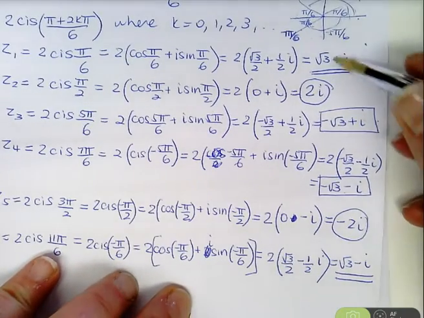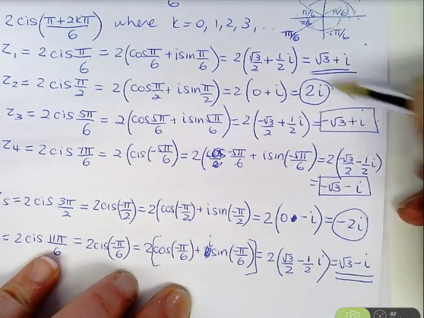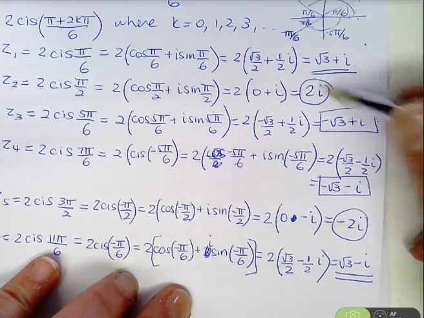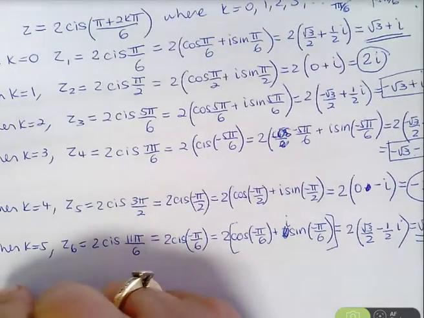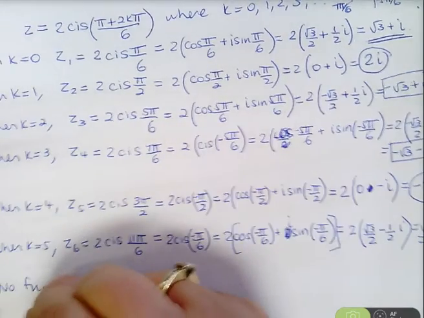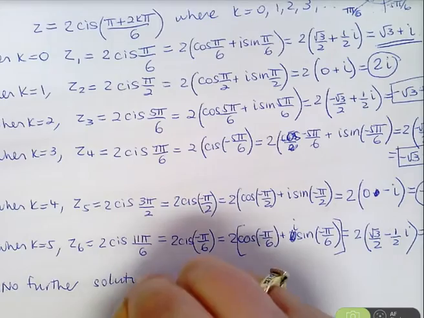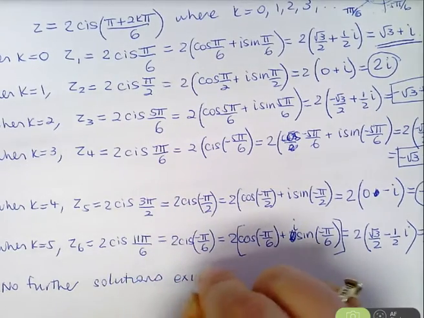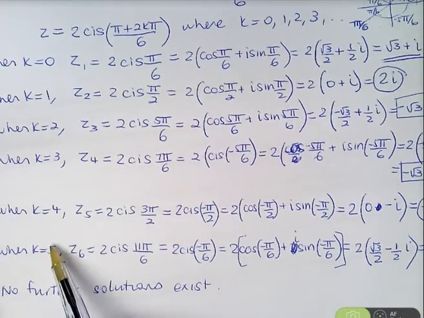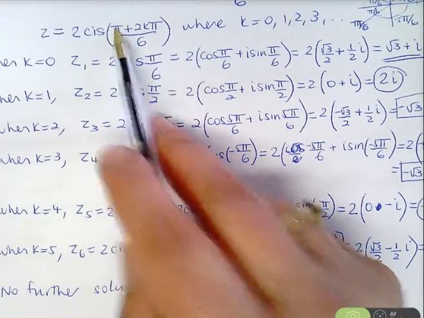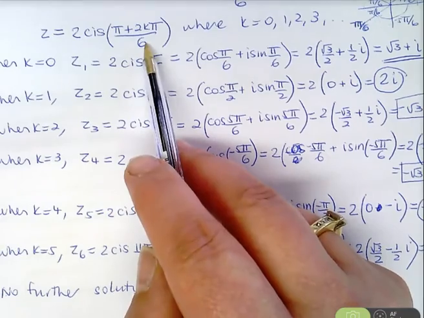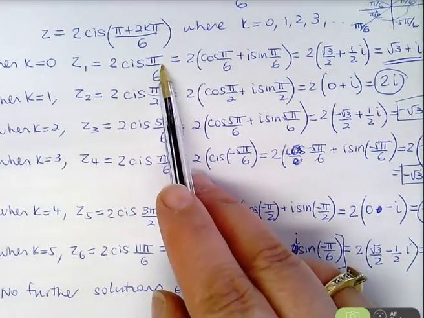Now, that's what we were predicting. So we've got 6 roots, and they occur in conjugate complex pairs. No further solutions will exist, because if I put k as 6, for example, I get 13 pi on 6, which is the same as pi on 6, coming back to the first one.